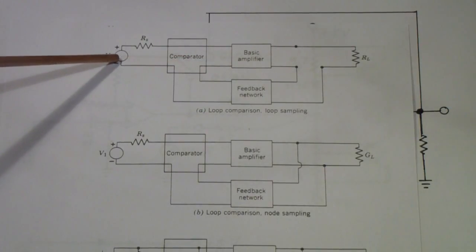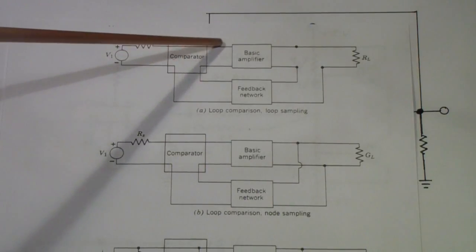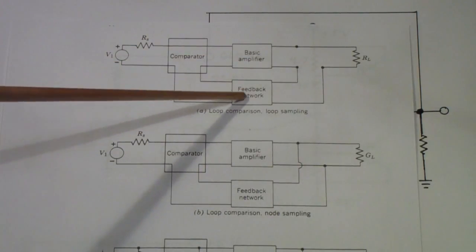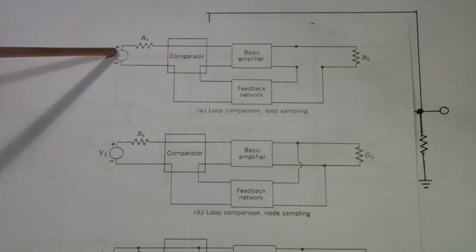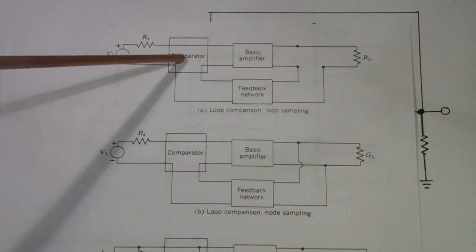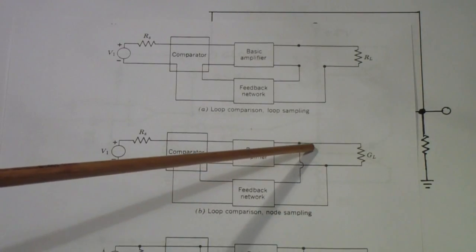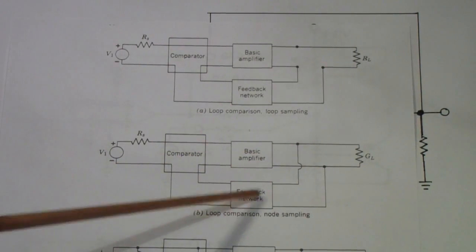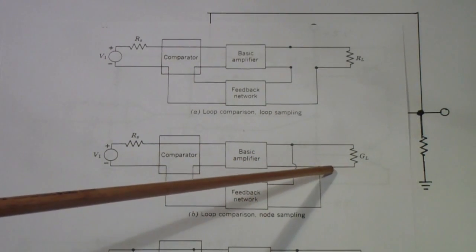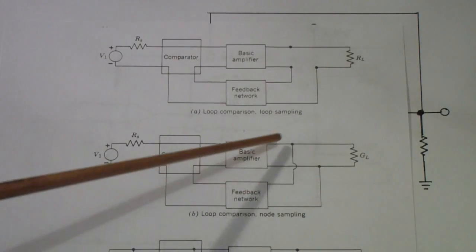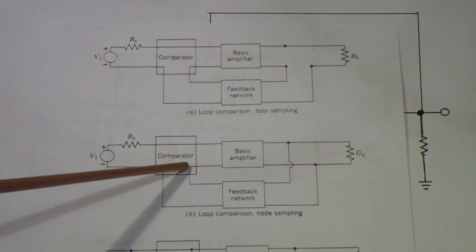That is, the input signal has to go through the feedback network. That is loop comparison.